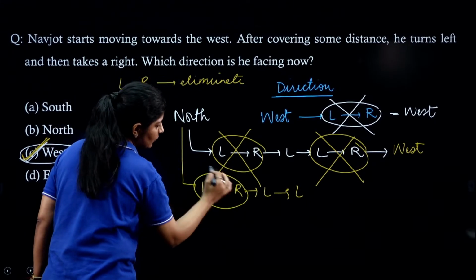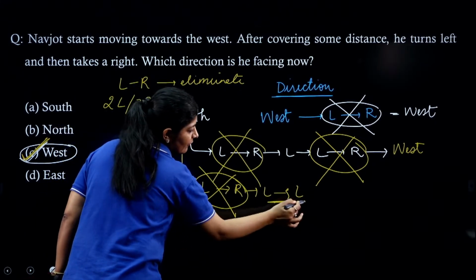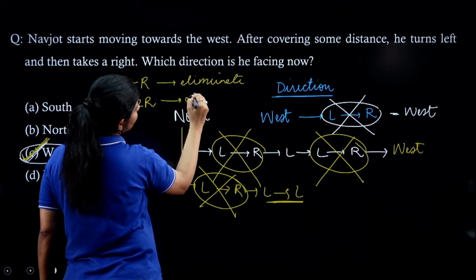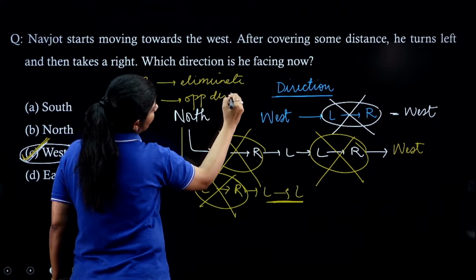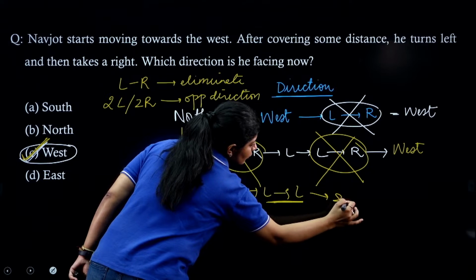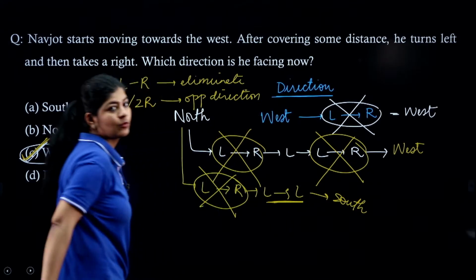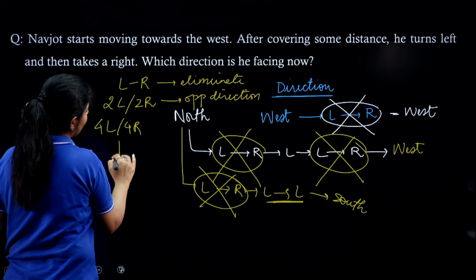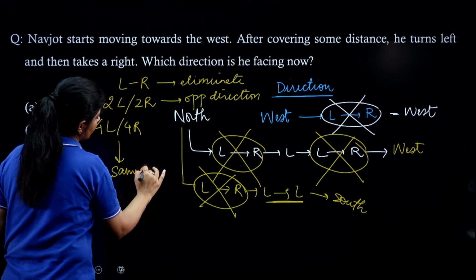I can just simply eliminate the pair. Now I am only left with two lefts, or maybe two rights. Then the opposite direction is my answer. So that means here I am facing in south. If I am having 4 left or 4 right, that means I am facing in the same direction.